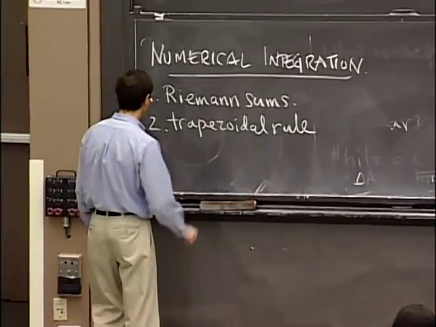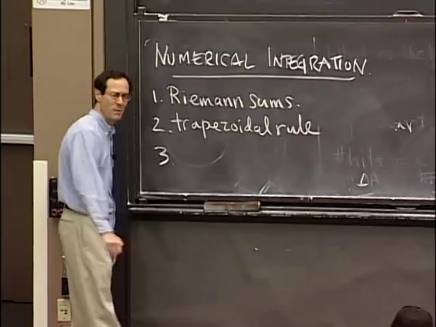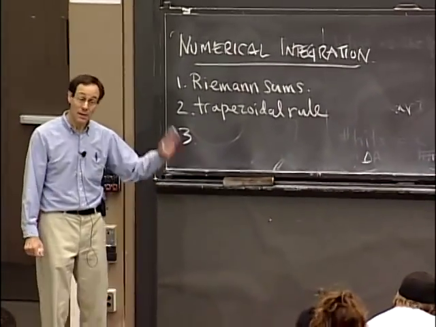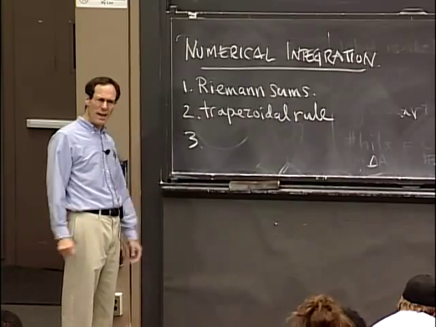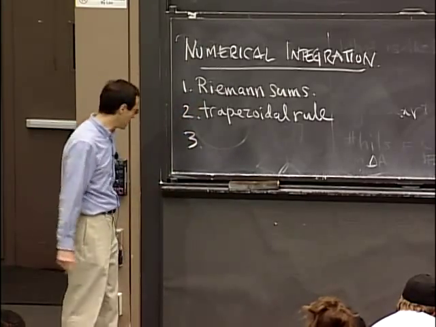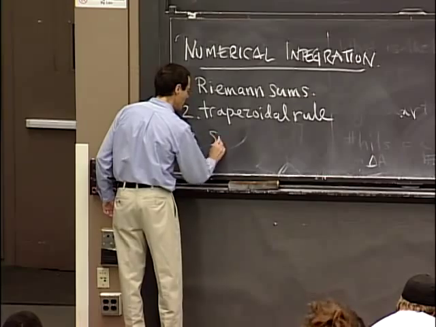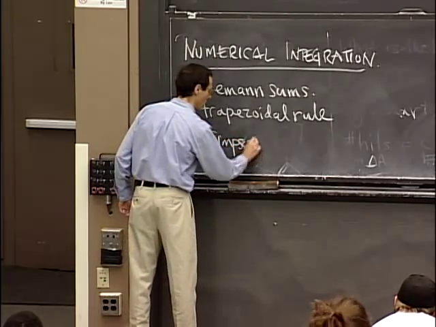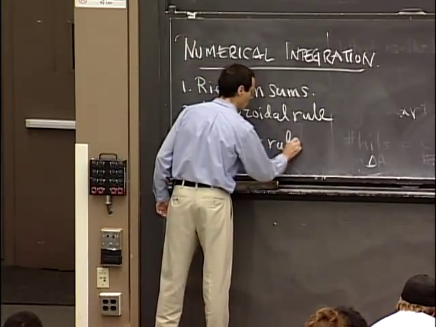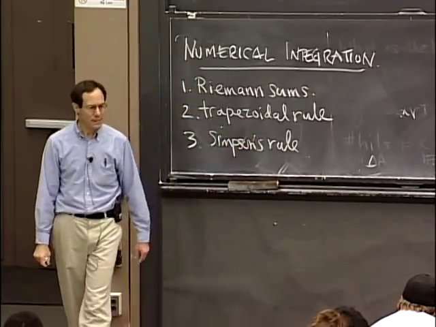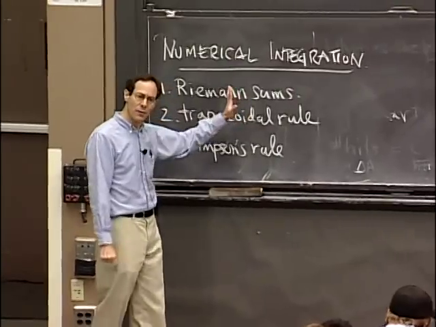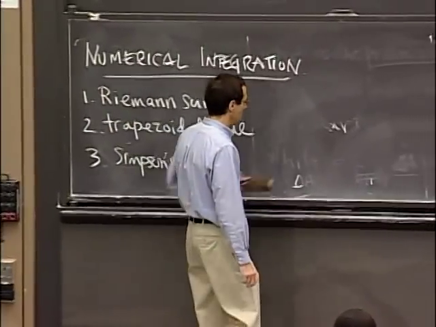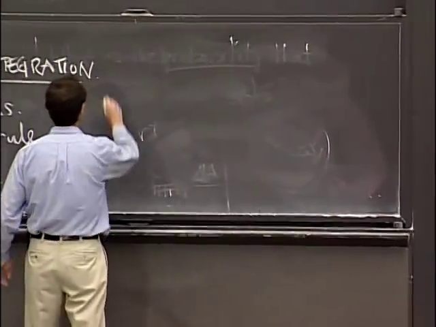Unfortunately, it's actually also pretty lousy. There's another rule which is just a slightly trickier rule, and it's actually amazing that it exists. And it's called Simpson's rule. And this one is actually pretty good. But it's clever. So let's get started with these.